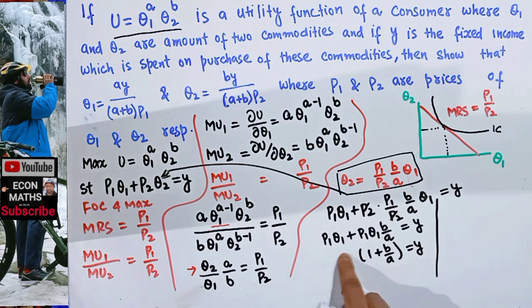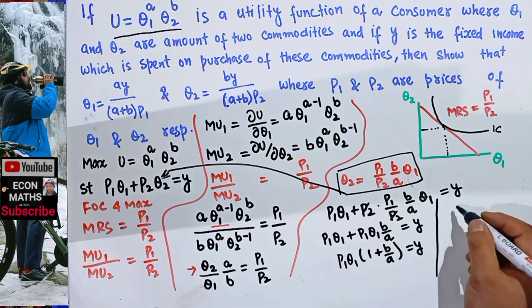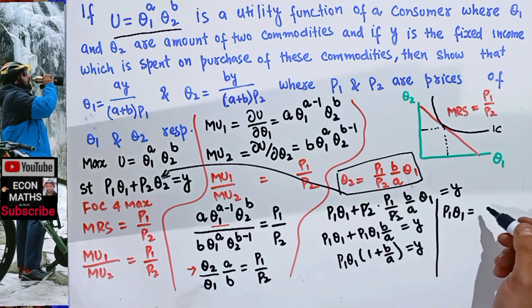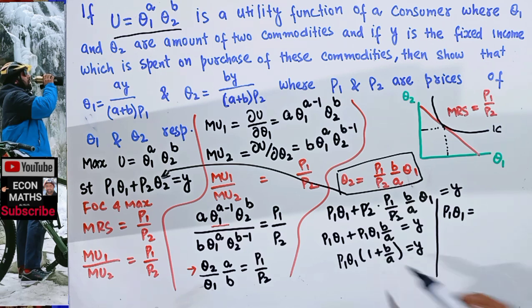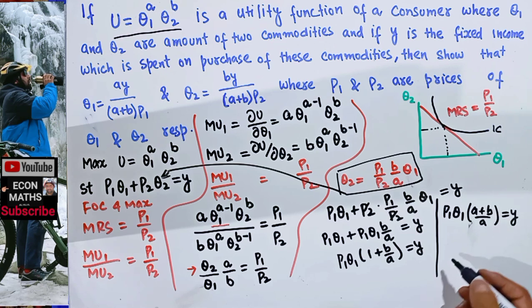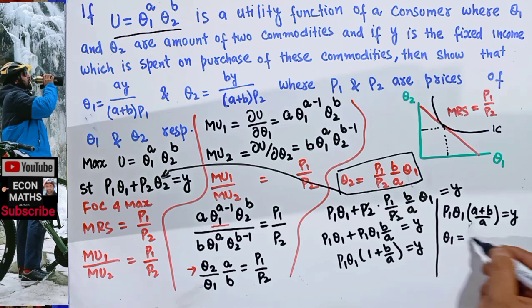Now we have p1 q1 here. So p1 q1 times a plus b divided by a is equal to y, or q1 is equal to, let us see what happens here.